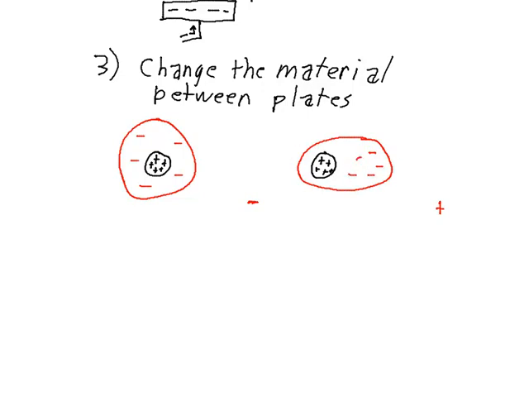This is a very good insulator, so this atom is going to hold on to its electrons really strongly, but they will still be pulled towards the positive. So the net effect within the atom is more negative on this side and more positive on this side. You effectively create a dipole, and this is polarization. So we polarized this atom, or we polarize a molecule. So when you have molecules in between the plates that can be polarized.